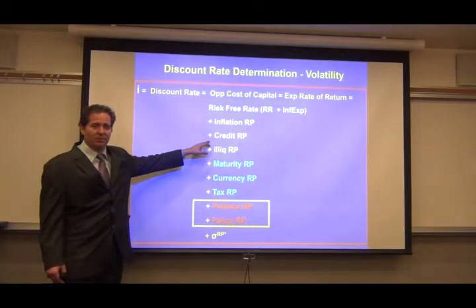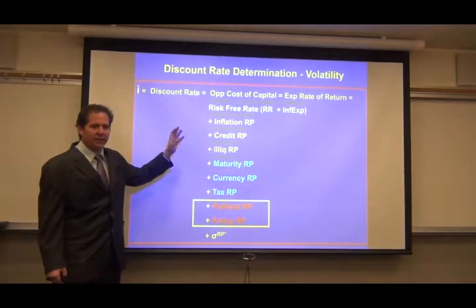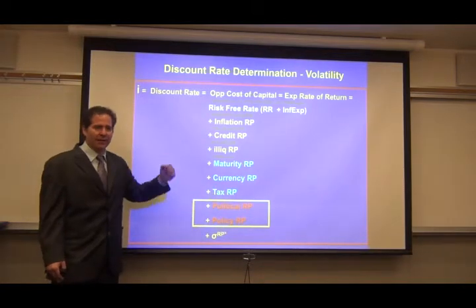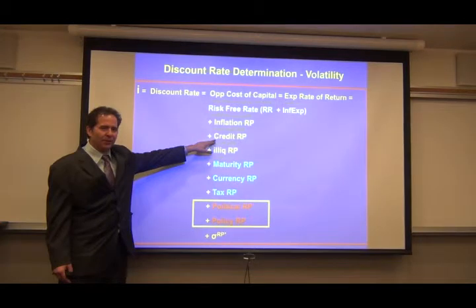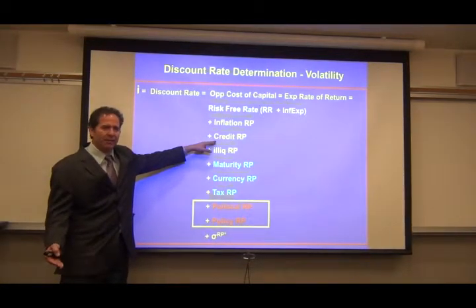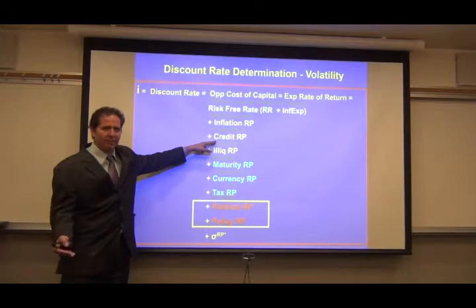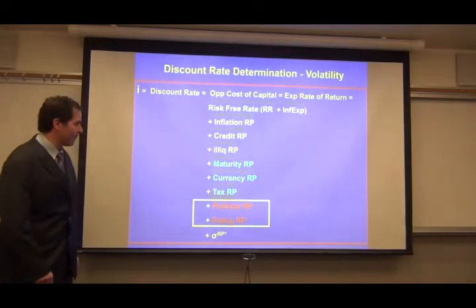Credit risk premiums are probably one of the most significant risk premiums in the discount rate calculation. If you're a small cap firm, you have higher default risk, higher bankruptcy risk. If your bonds start to default, if you issue BBB bonds, there's going to be a higher risk premium that needs to be embedded in the discount rate.